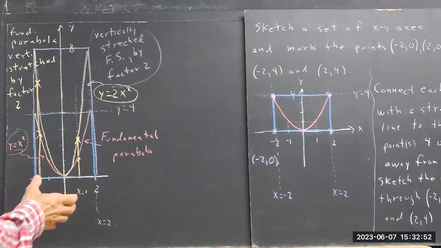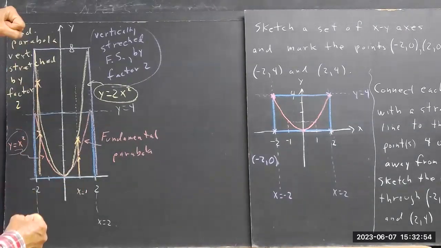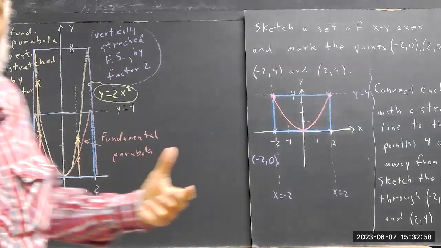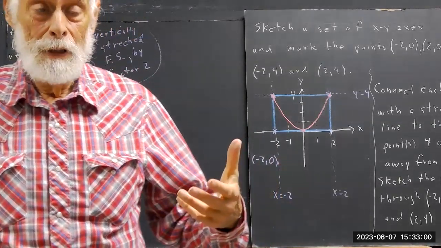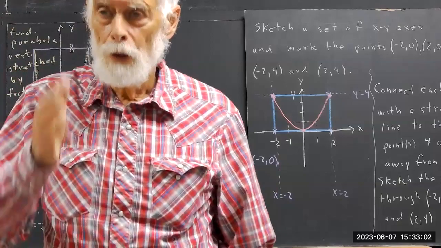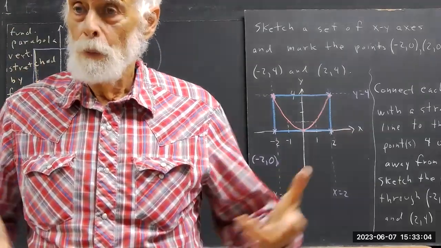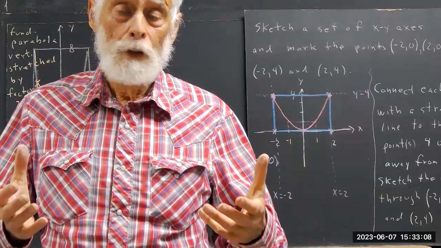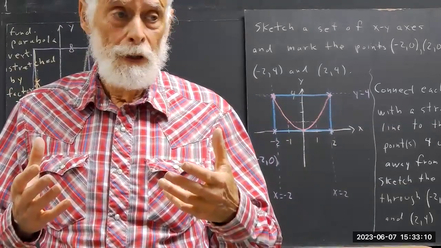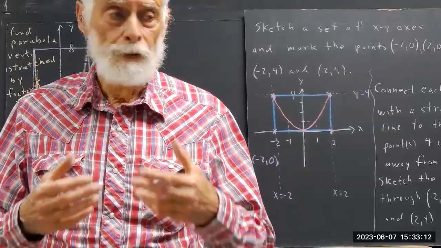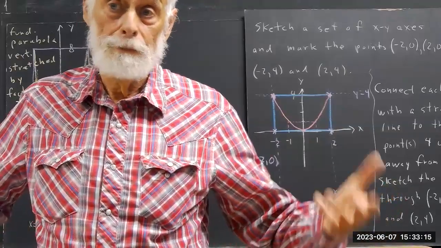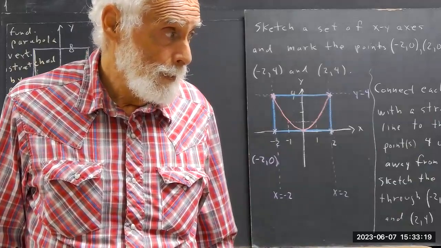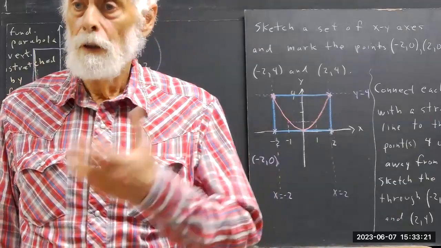We take this toolkit function and we can stretch it and we can move it around and we can get any parabola that we want, at least any parabola that opens vertically that we would like to have. And that gives us a very powerful tool for modeling things that are important in many fields of endeavor, including real life, including everyday life. So I'm going to build on what we've done here.